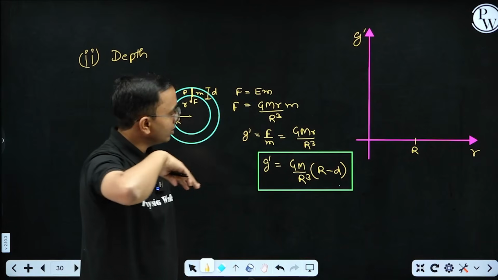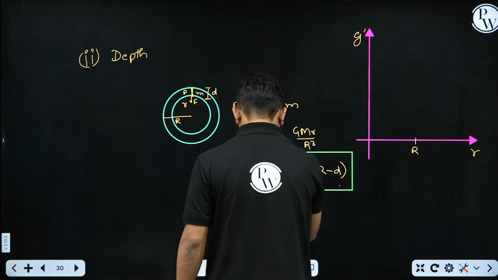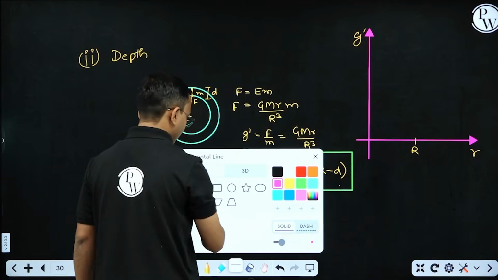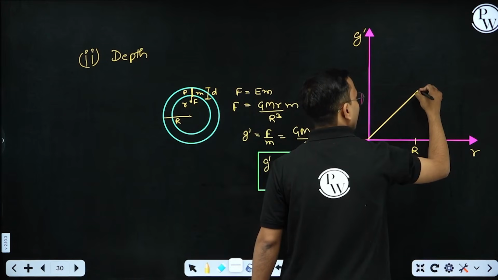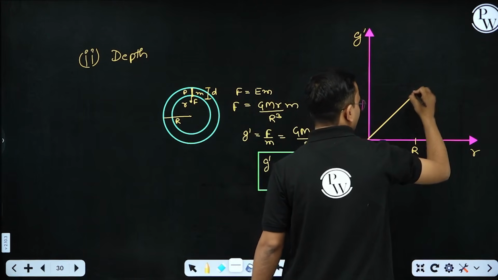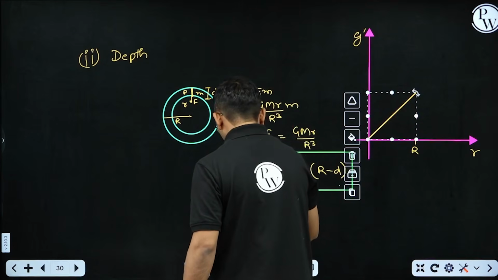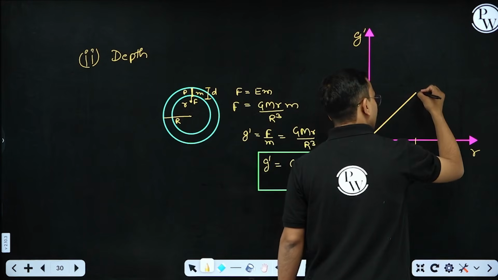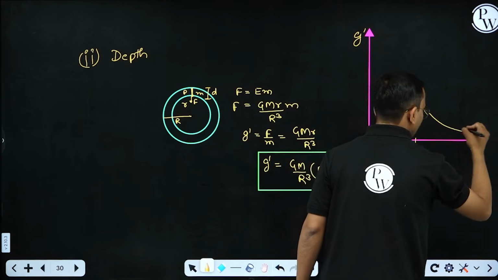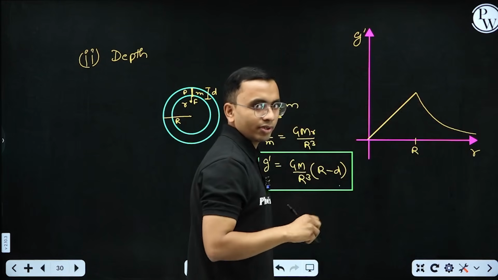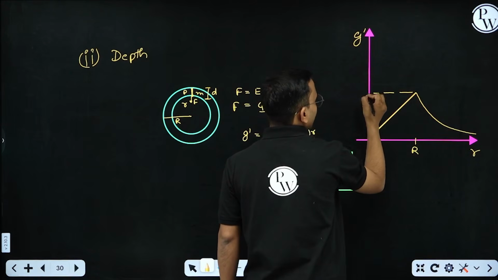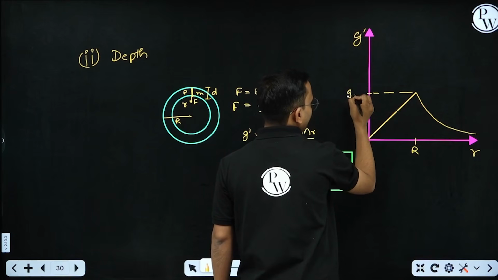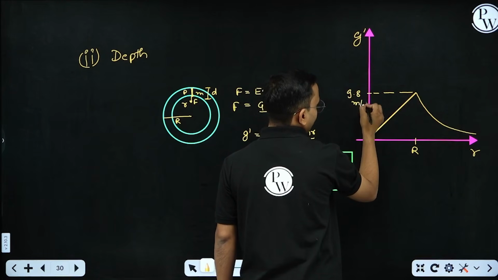At the surface it will be maximum, that is 9.8 meter per second square. After that the relation will be 1 by r square. It's just like the solid sphere; the same relation we did for the solid sphere.